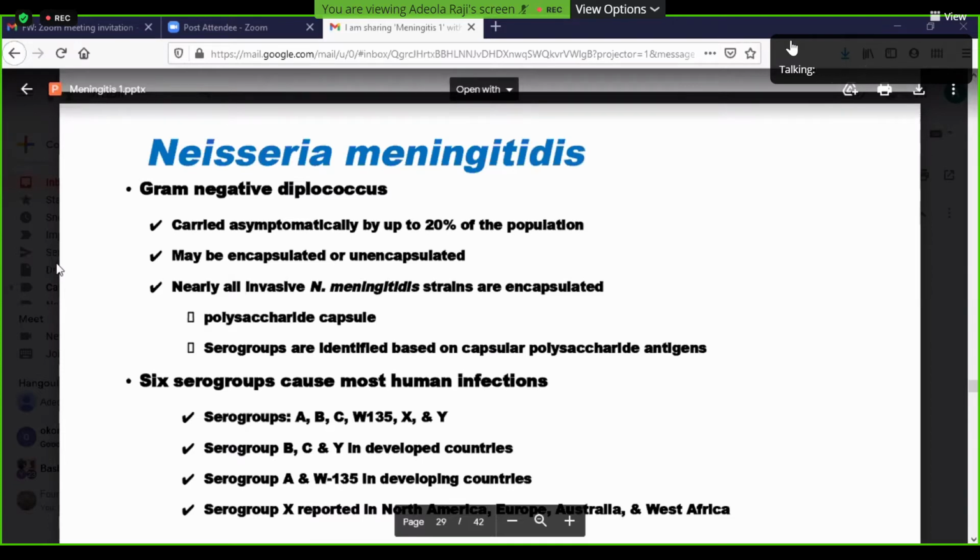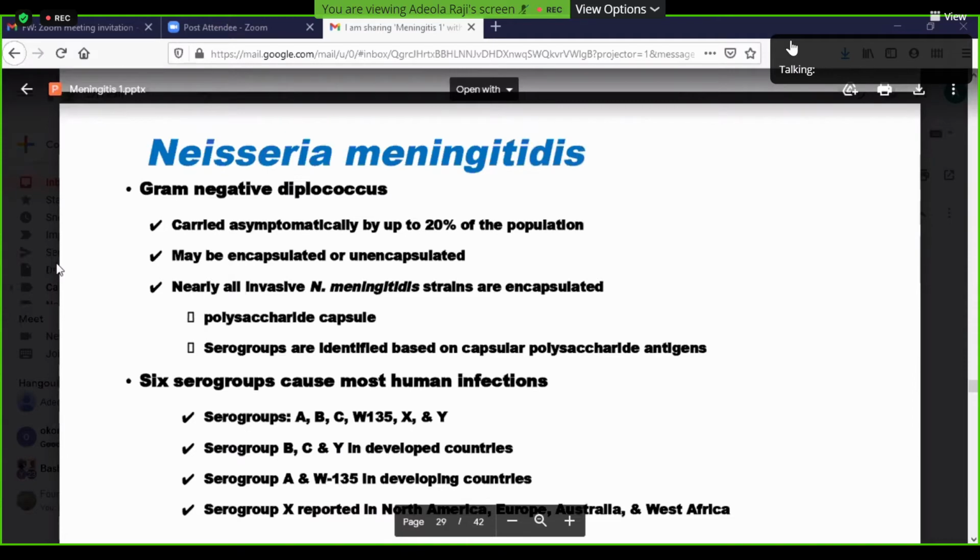So that's why we say diplococcus. These organisms can be carried asymptomatically by up to 20% of the population. You can have encapsulated or unencapsulated strains.